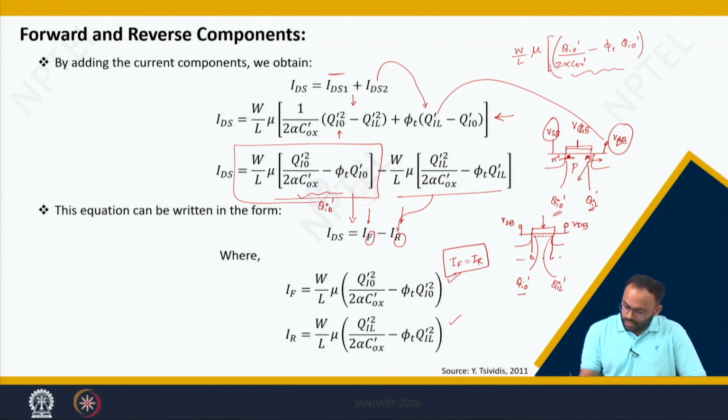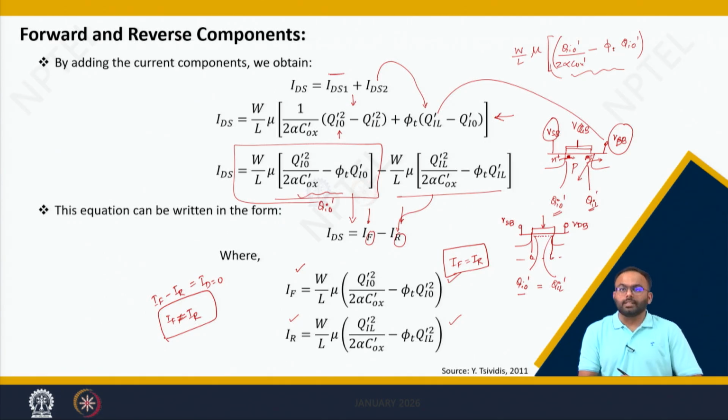If you keep this equal, you will get IF equal to IR. In that condition, the drain current is equal to 0, which makes sense also because you are not applying a potential in the horizontal direction and hence there is no flow of carriers.